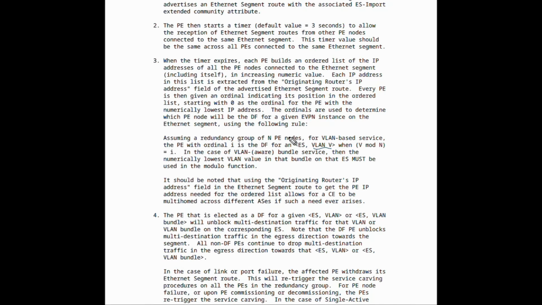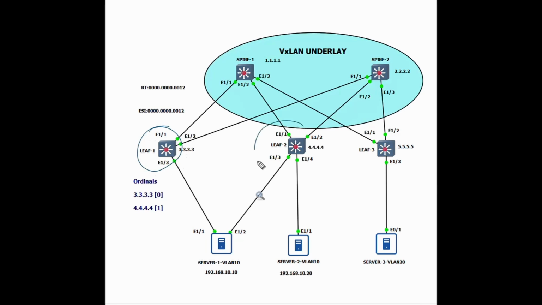RFC 7432 explains this mechanism of electing the designated forwarder per VLAN as V mod N, where V is the VLAN ID and N is the number of leaf switches in that Ethernet segment. When we say the number of leaf switches with the same Ethernet segment configured, in our example, leaf 1 and leaf 2 have the same Ethernet segment identifier on port channel 12 that is connected towards server 1 VLAN 10.